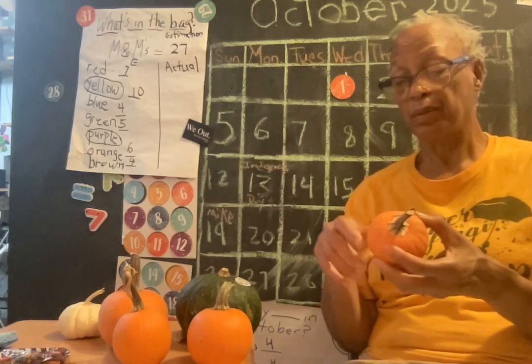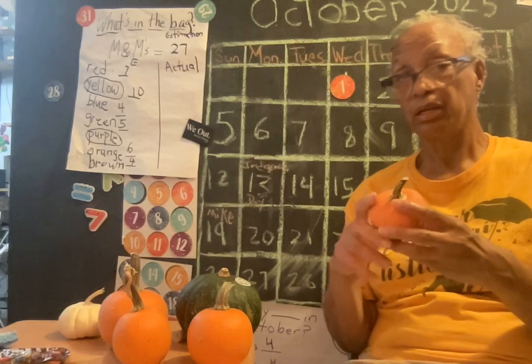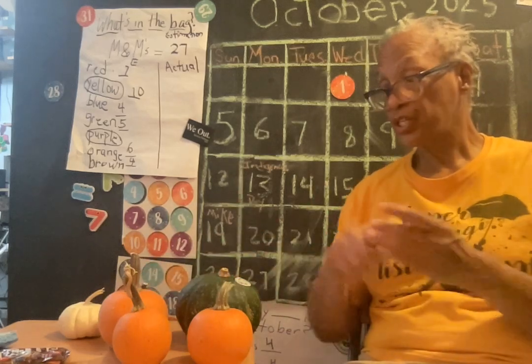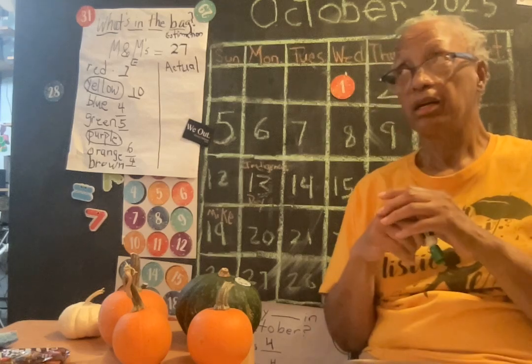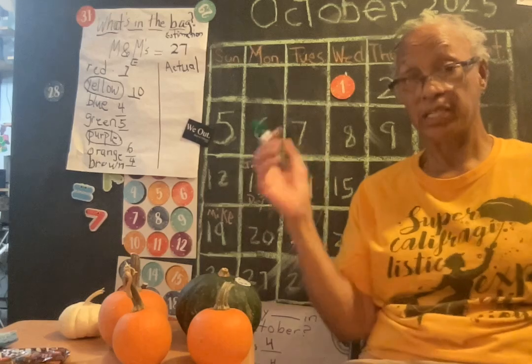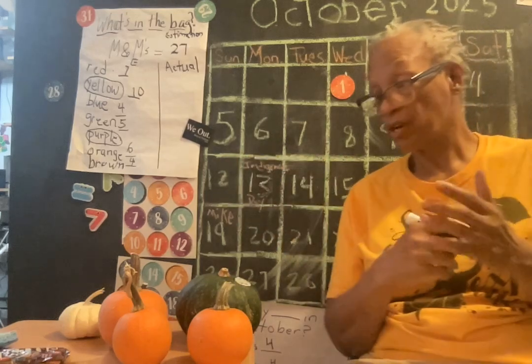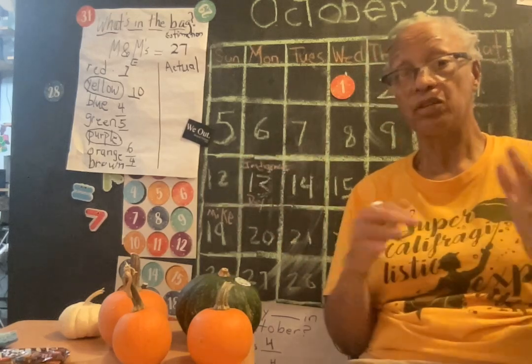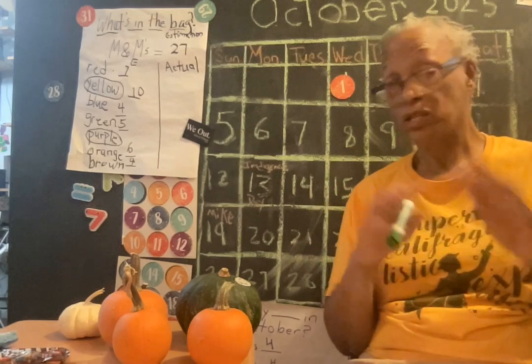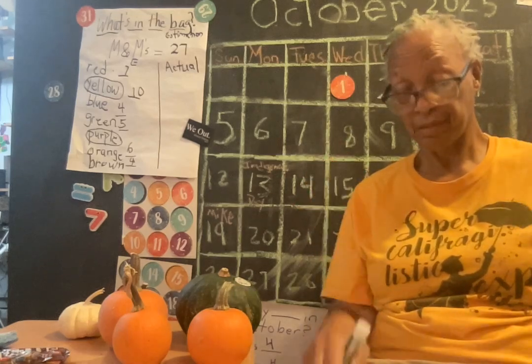Once I open up the pumpkin and we figure out a way to count them, which is also leading up to multiplication if we haven't started multiplication yet. Since it's October in the third grade, we haven't started multiplication yet, but kids already know how to count by 5s, by 2s, and by 10s.